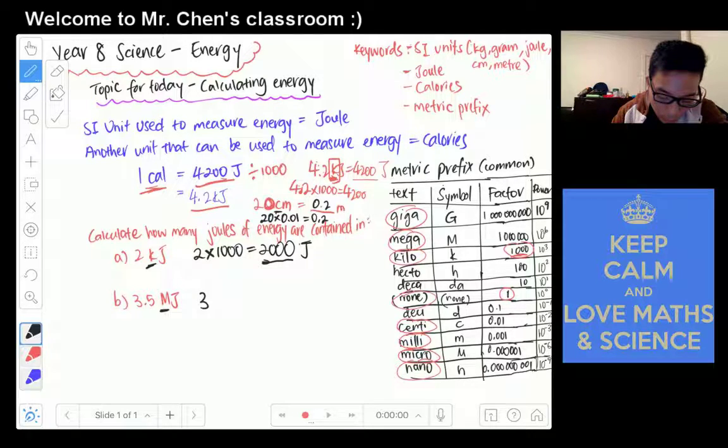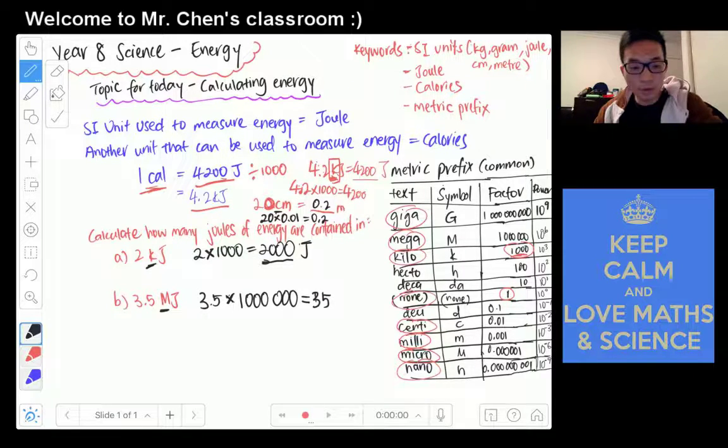So 3.5 multiplied by 1 with 6 zeros. If you're not very confident, you can actually use a calculator to help you out.